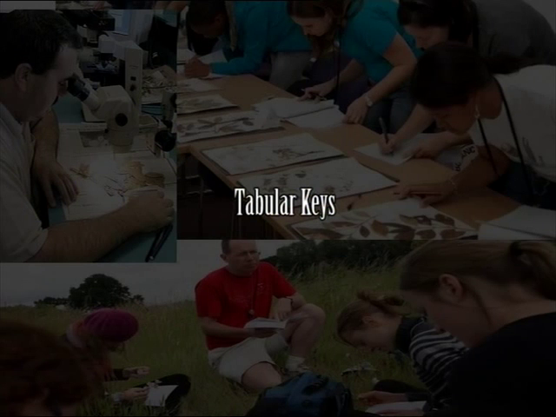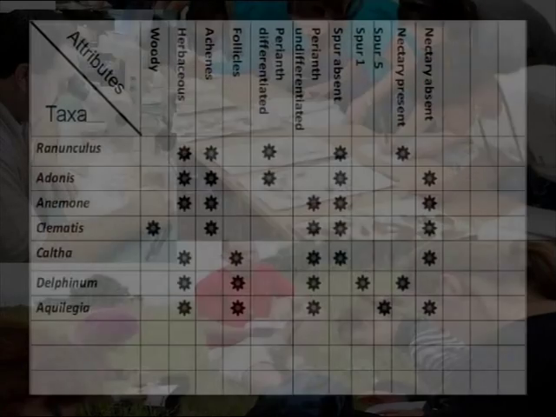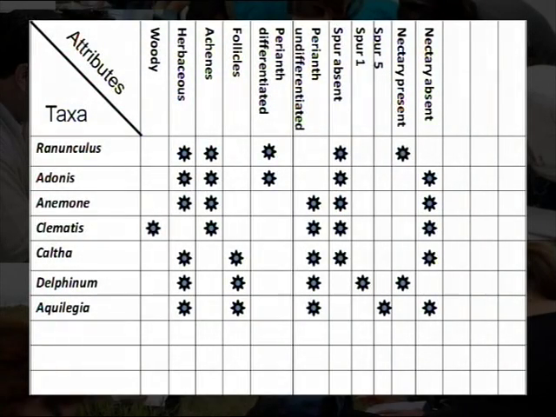Now we discuss something about tabular keys. Tabular keys are essentially similar to polyclaves in the sense that they can take an exhaustive list of attributes, and are easier to use. The data are incorporated, however, not on cards but in tables with taxa along the rows and attributes along the columns.